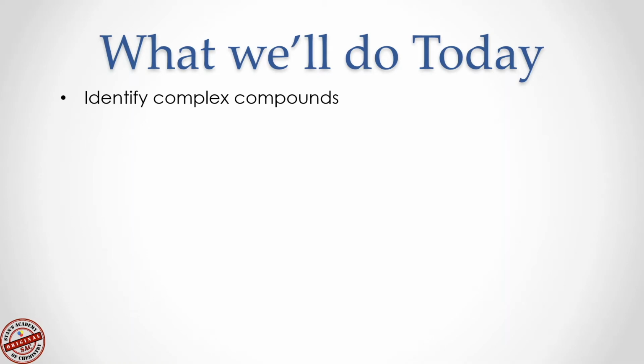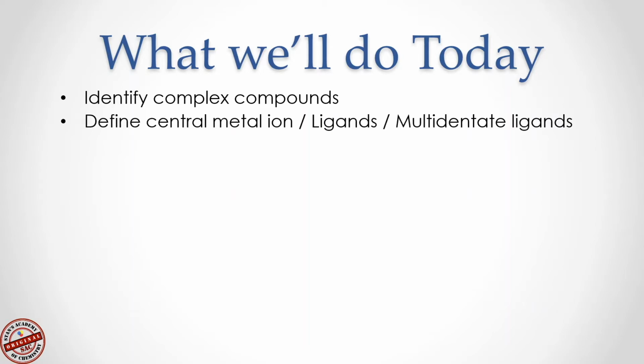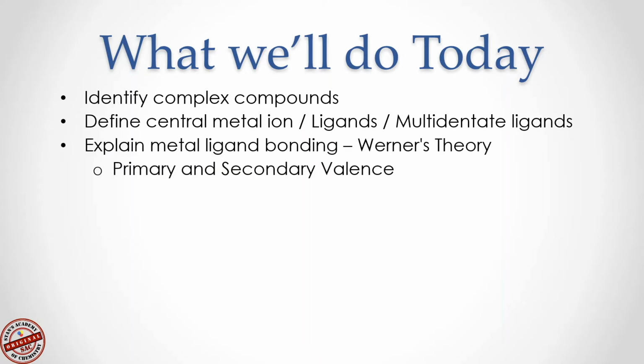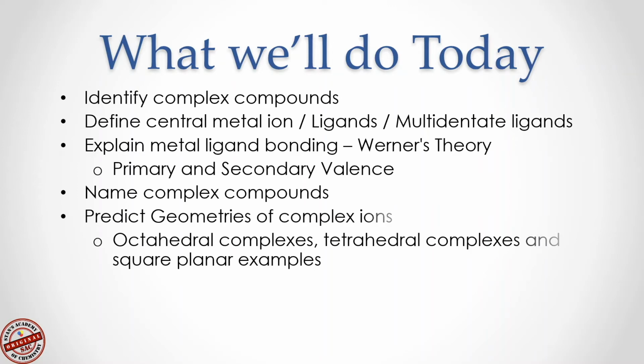So what I plan to do is identify complex or coordination compounds, define the central metal ion, ligands and multidentate ligands, explain the metal-ligand bonding using Werner's theory, mostly focusing on primary and secondary valencies, name some complex compounds, and predict the geometries of complex ions. The second PowerPoint will give you a clearer explanation about the bonding.